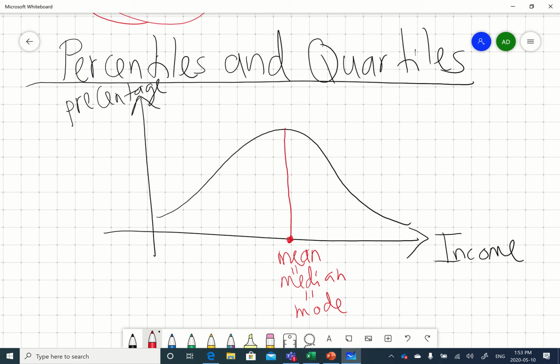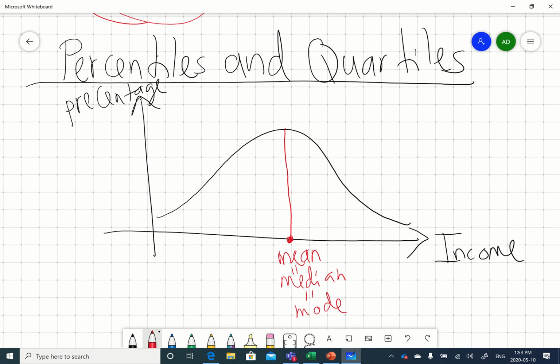The same amount of data below the mean, the same amount of data above the mean. For example, if you have, let's say, 20 data points, 10 data points are below this number, 10 data points are above this number. That's the idea of the center, the right midpoint.